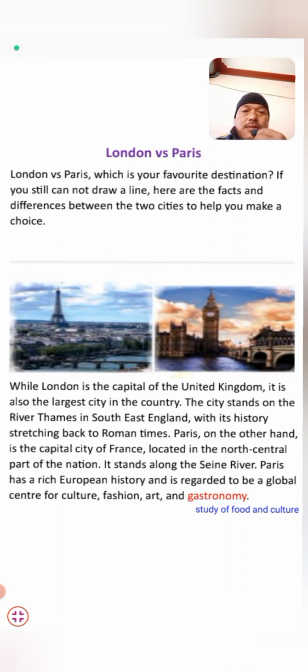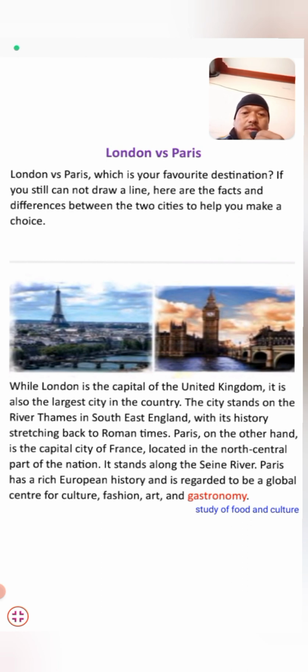This city is located in southern England on the Thames River, whereas Paris, on the other hand, is the capital of France, as you know, which is located in the northern central part of the nation, and it stands along the Seine River. Both the cities are located on a river: one is the Thames, and the second one is the Seine River.